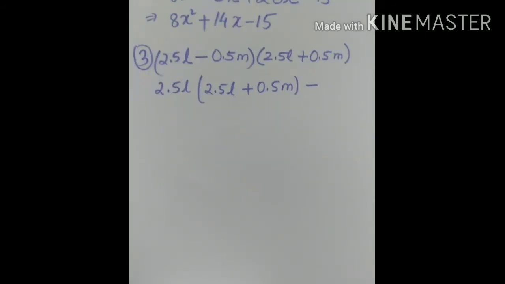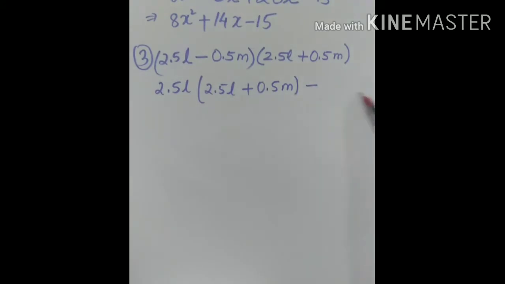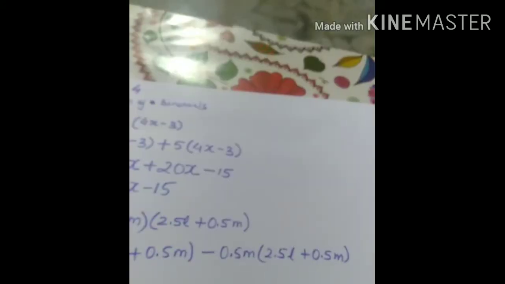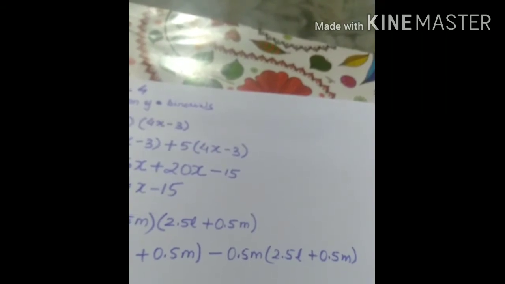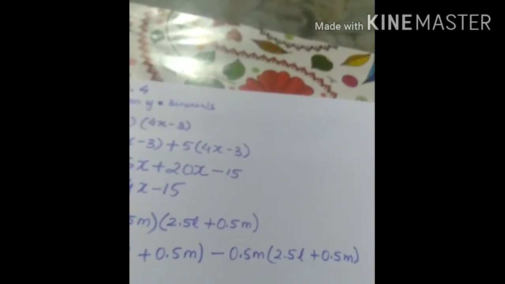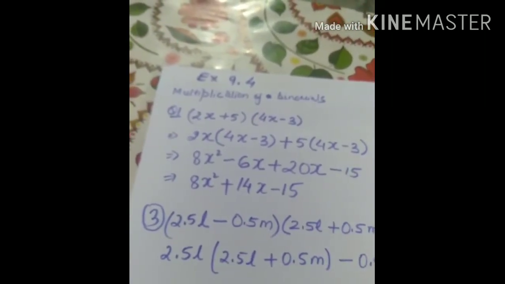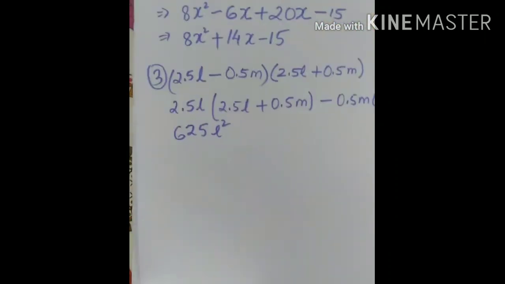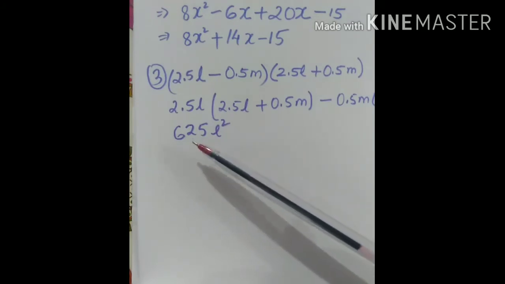2.5L multiplied by 2.5L plus 0.5M, minus, now from this we will multiply, 0.5M multiplied by 2.5L plus 0.5M. Now let us multiply this. 2.5 into 2.5. Here 25 into 25. If you remember, the square of 25 is 625.